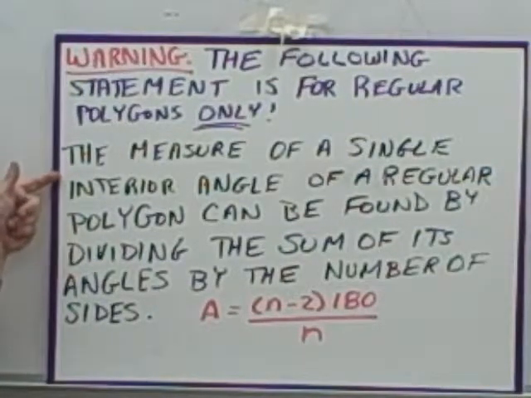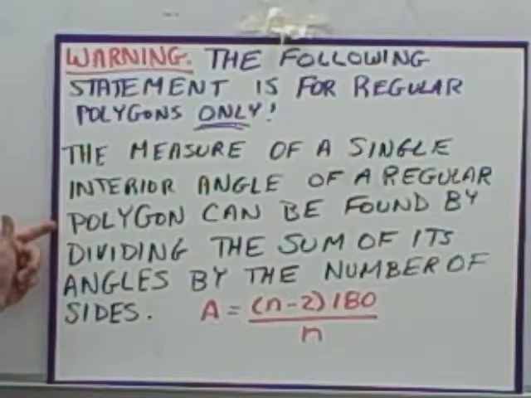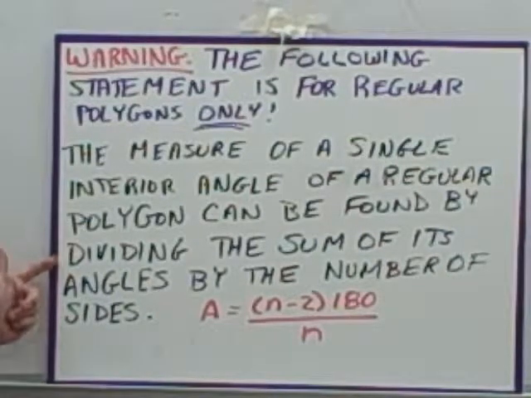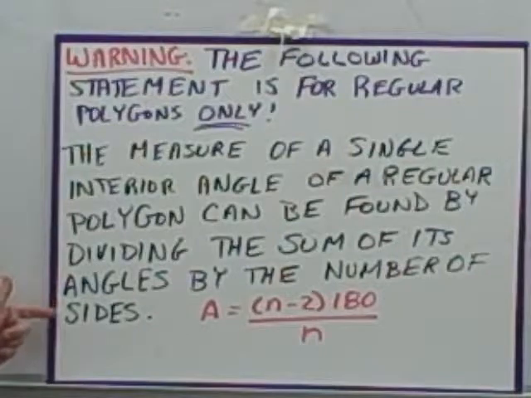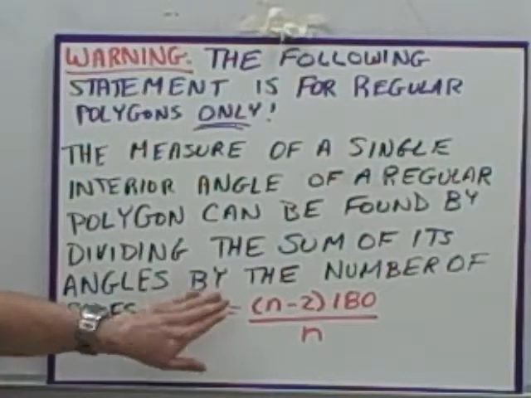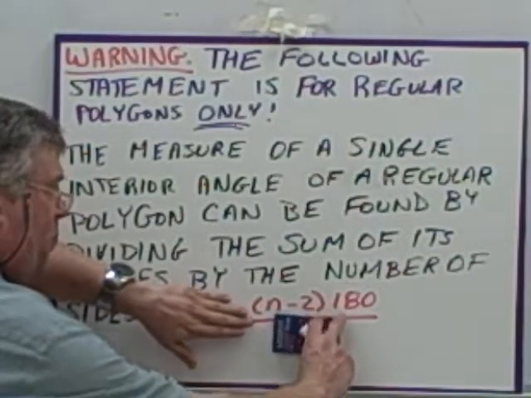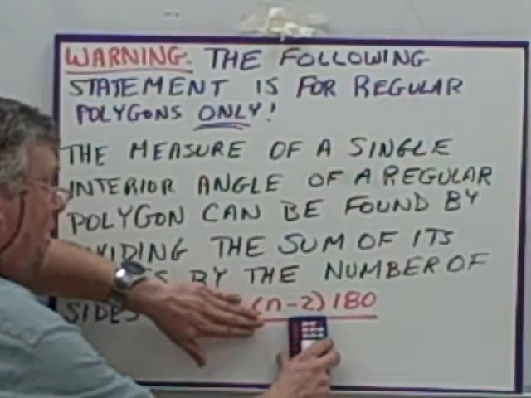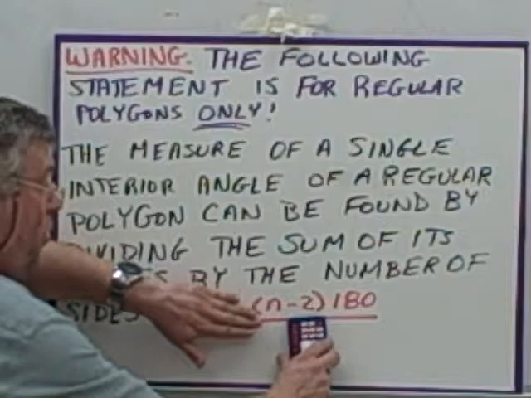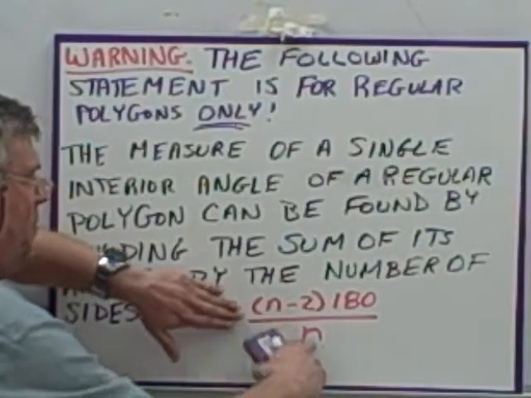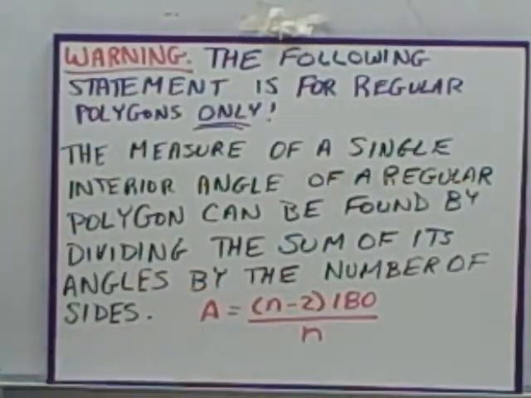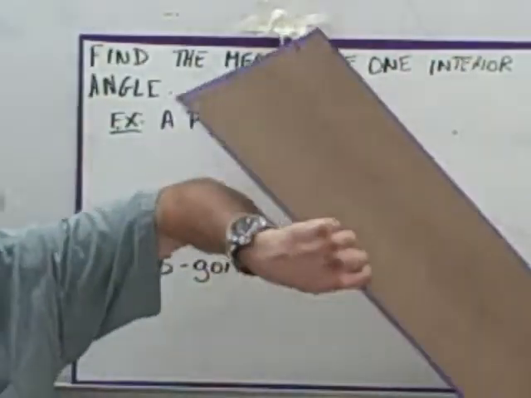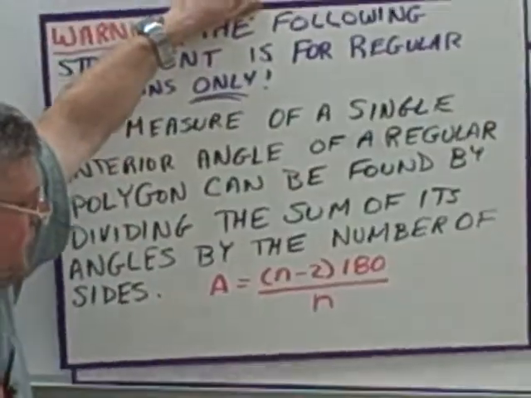The measure of a single interior angle of a regular polygon can be found by dividing the sum of its angles by the number of sides. This formula might seem familiar. It's what we just got: (n minus 2) times 180. That gives you the sum of all the angles. Divide by the number of sides, and you've got the measure of one interior angle.